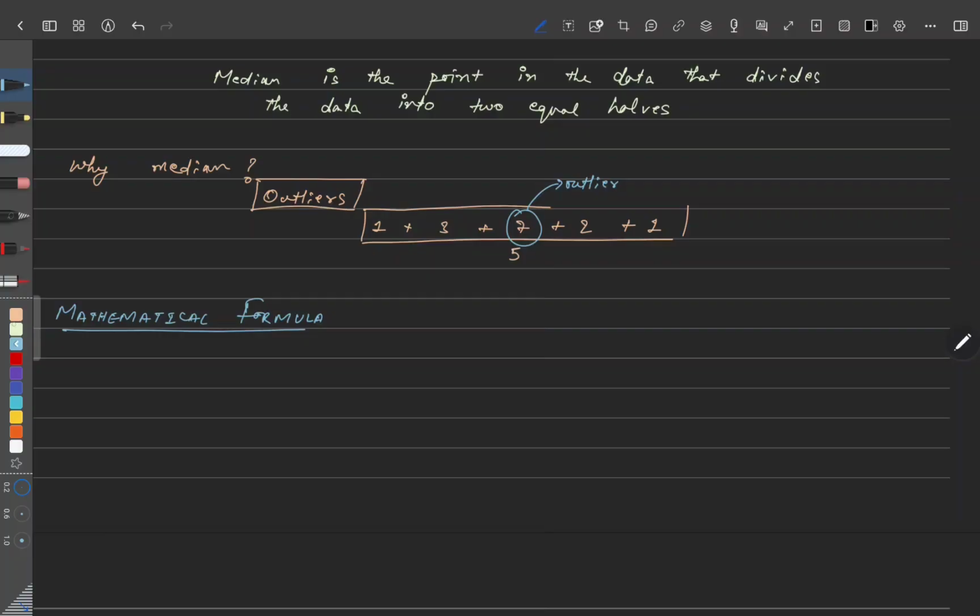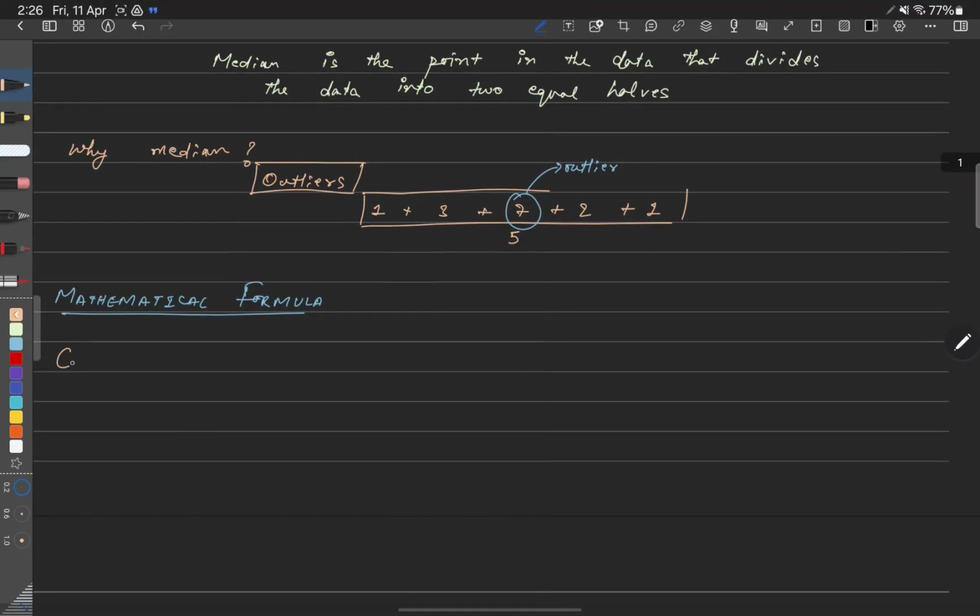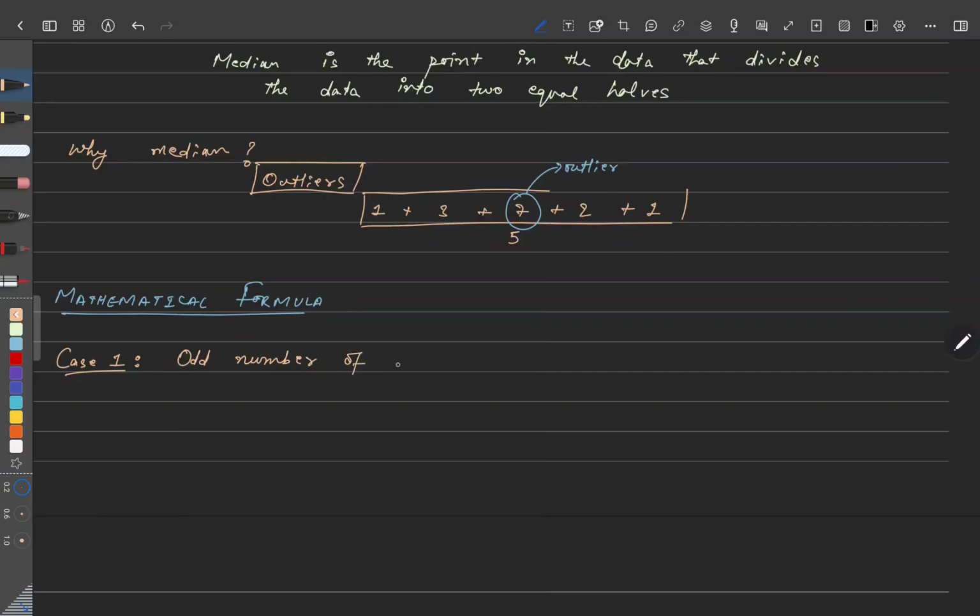So there can be two cases broadly. So let's talk about case 1. Odd number of data points. So in our data set, let's say we have odd number of data points.